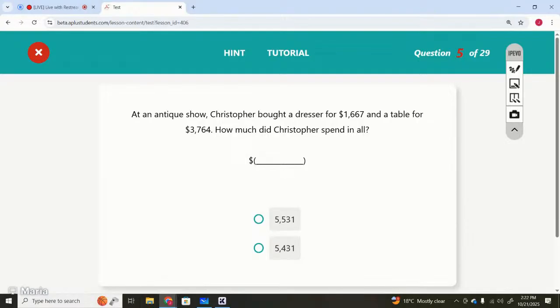At an antique show, Christopher bought a dresser for $1,667 and a table for $3,764. How much did Christopher spend in all?